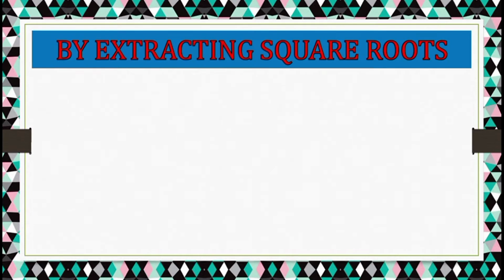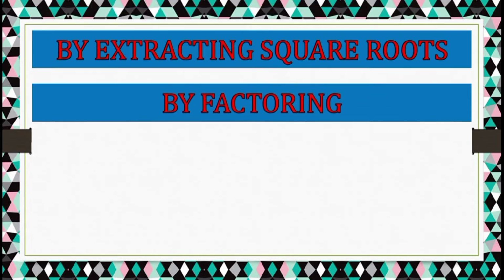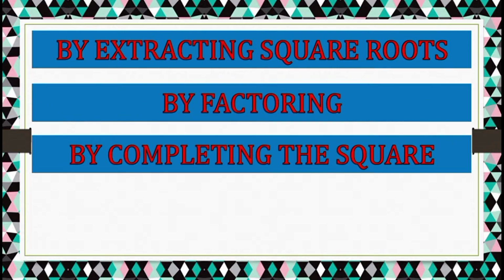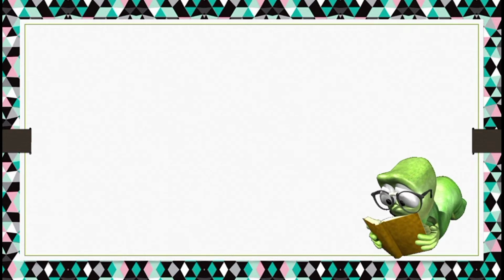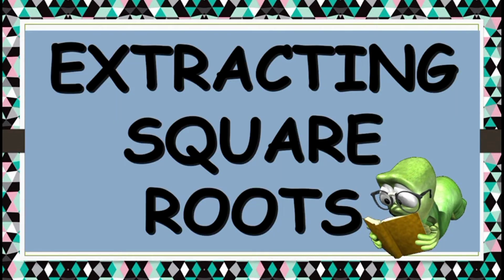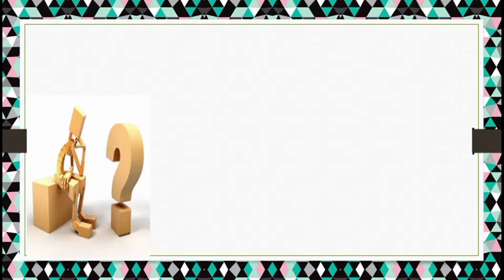One is by extracting square roots. Second, by factoring. Third, by completing the square. And fourth is by using the quadratic formula. But we will be focused in today's discussion on extracting square roots.